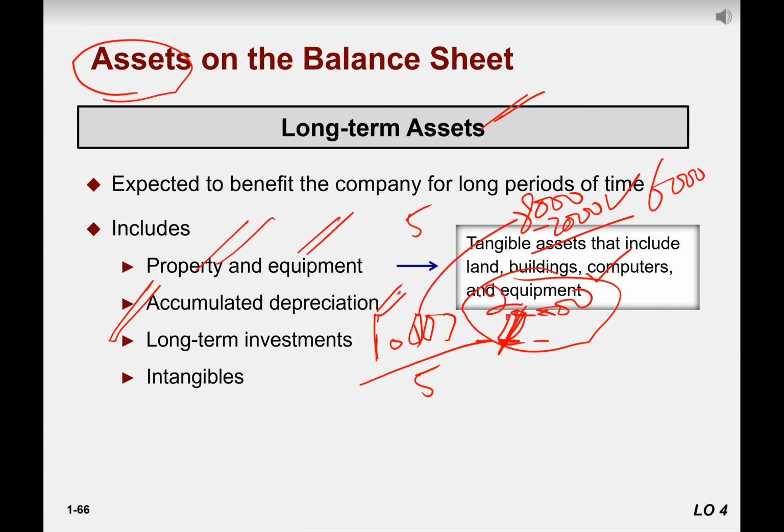So this total 4,000 that you consumed of your fixed asset, we call the accumulated. You accumulate year on year. 2,000 in year 1 plus 2,000 in year 2. So total accumulated is 4,000.